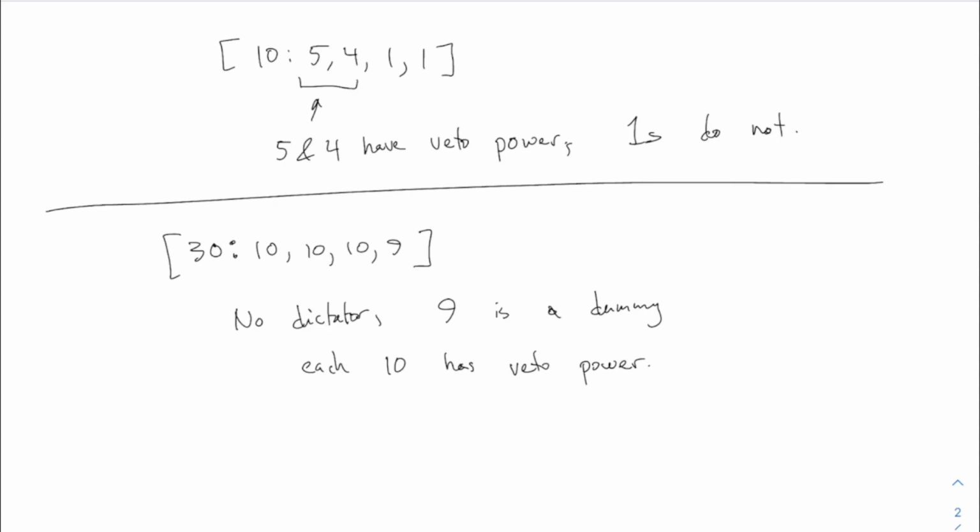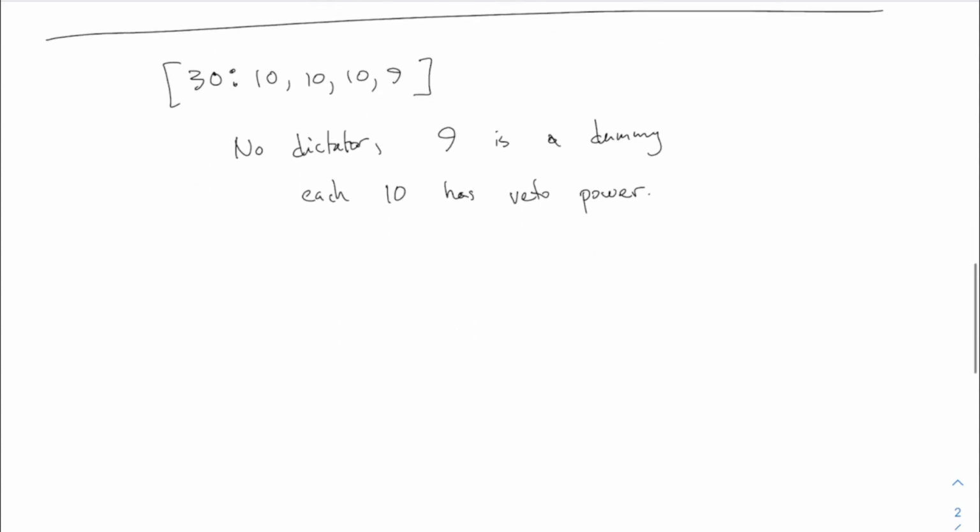Here's a simple variation. What if instead there was just one more person? 10, 10, 10, 10, and 9. Does that change anything? First of all, is there still no dictator? Yeah, there is still no dictator. Sorry for the double negative type question. But none of these voters makes it to 30 by themselves.